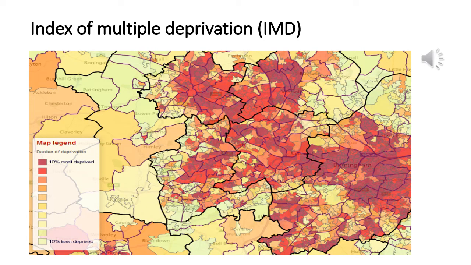This is an empirical map of the United Kingdom where the IMD, or Index of Multiple Deprivation, has been used, where they ranked the communities in England from 1 to 32,000, from most deprived to least deprived. The darker the color, the more deprived and poorer the communities.